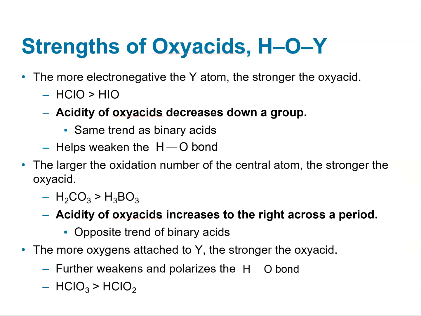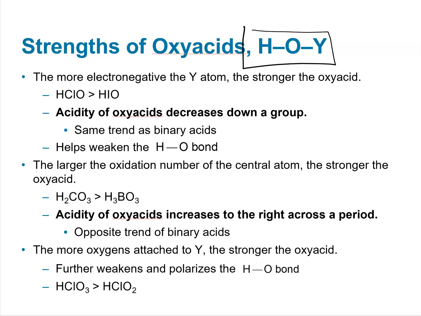In the case of oxyacids, where you have a scenario like this, where you have an acid bound to this oxygenated central atom, the more electronegative your central atom Y, the stronger the acid, or in this case, the oxyacid.